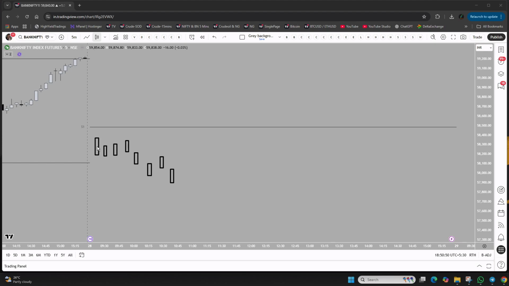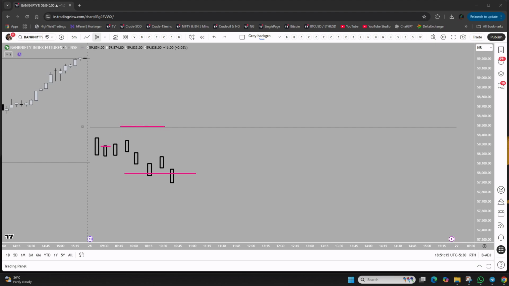If it closes below S1, you take a sell trade at the opening price of the next candle, that is this one. So let's say this is the opening price of the next candle. You initiate a sell trade here, and you wait for a 100 points move, which will be met somewhere here. Simple. And the S1 line will be the stop loss.